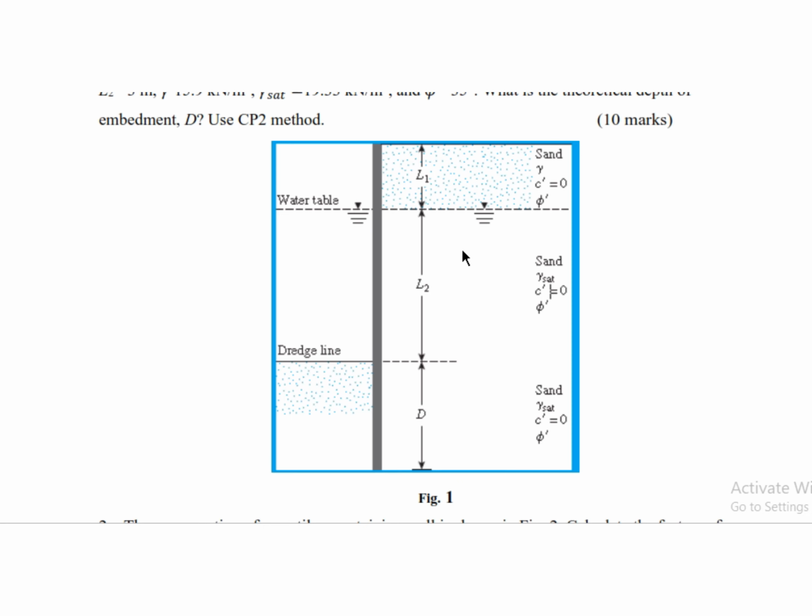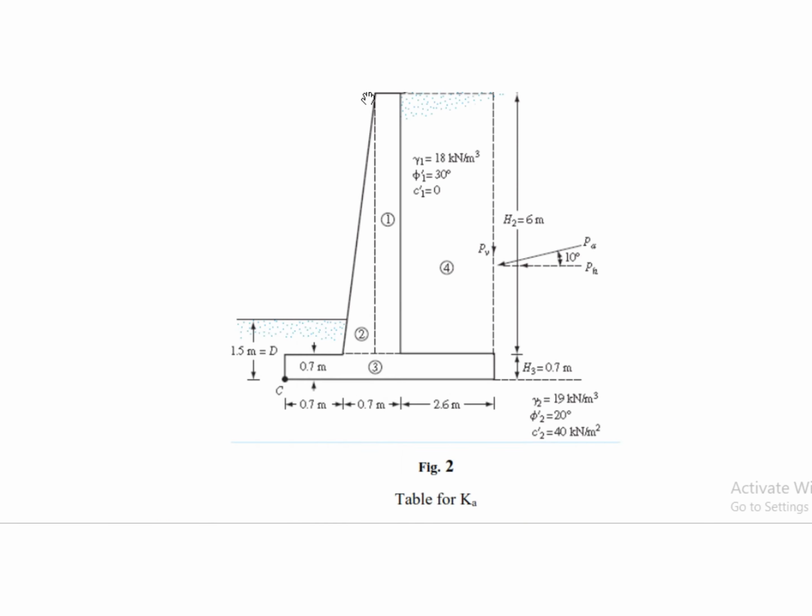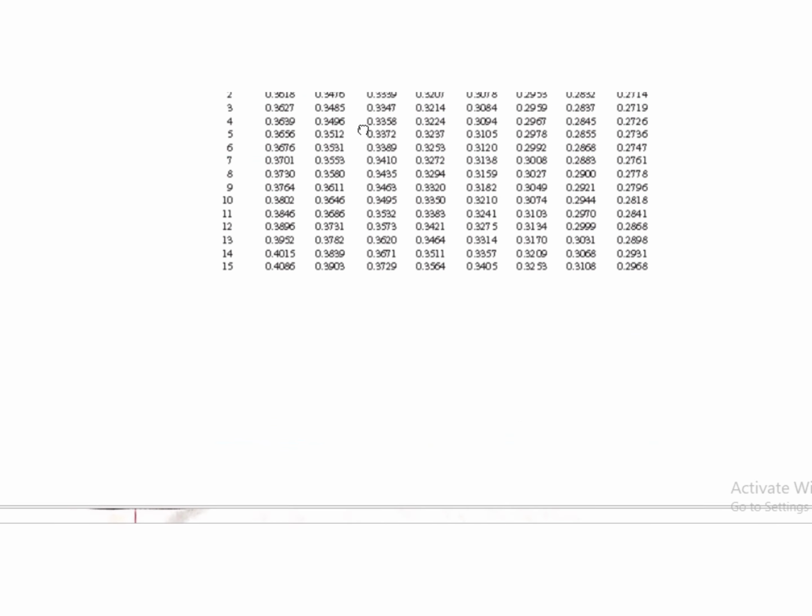So that is what leads to the CP2 method and the BS 8004 and so on. Depending on the assumption, but in this specific case, we have been told to use the CP2 method. Once you have seen the question, there's a model answer there for you, so you can see.